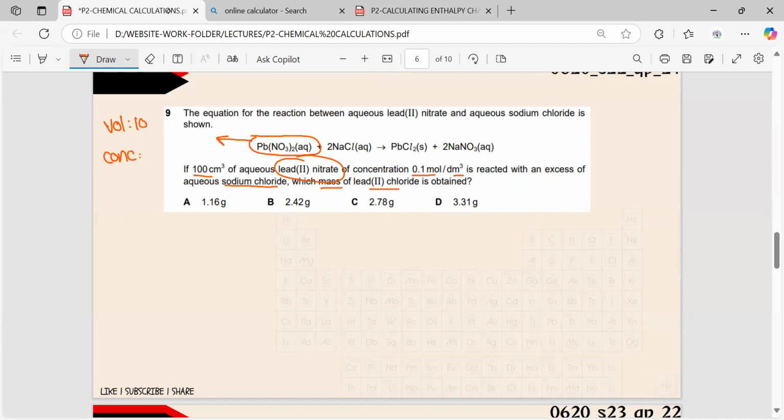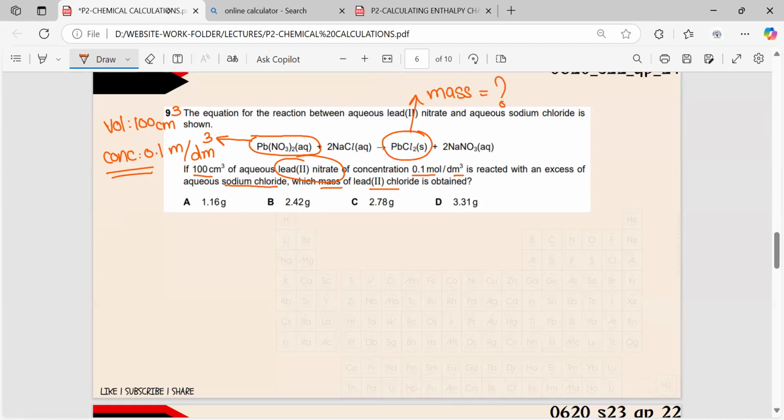The volume of lead nitrate is 100 centimeter cube, and the concentration is 0.1 mole per decimeter cube. And they have asked us to find the mass of lead chloride.